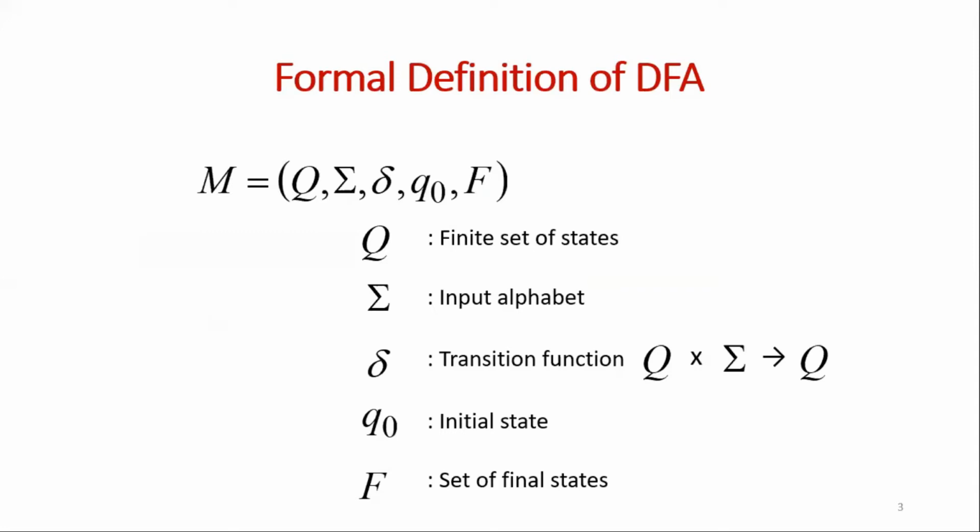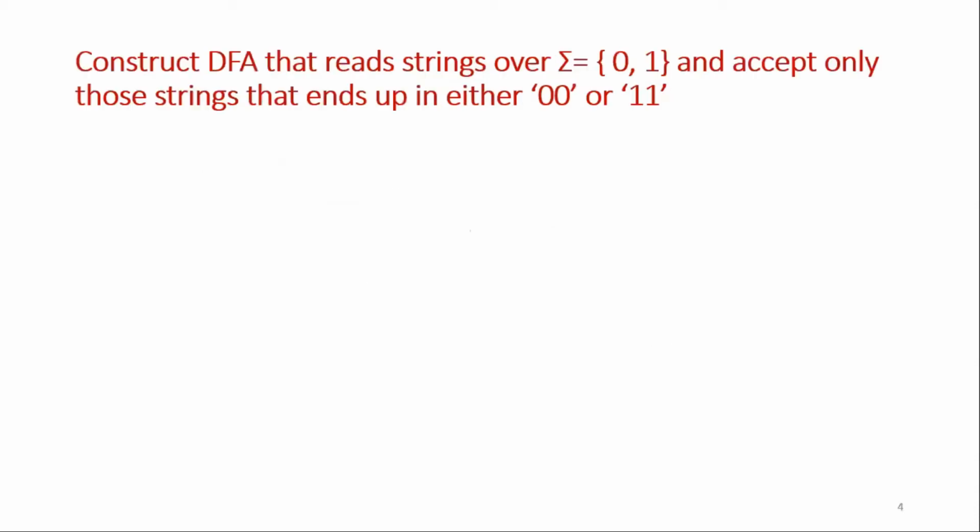Delta is a transition function and it will map Q cross sigma to Q. That is, from the current state and current input, we will have the next state. Q0 represents the initial state and F represents the set of final states.